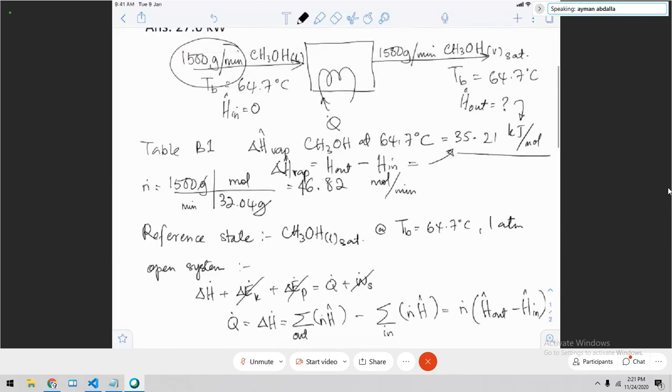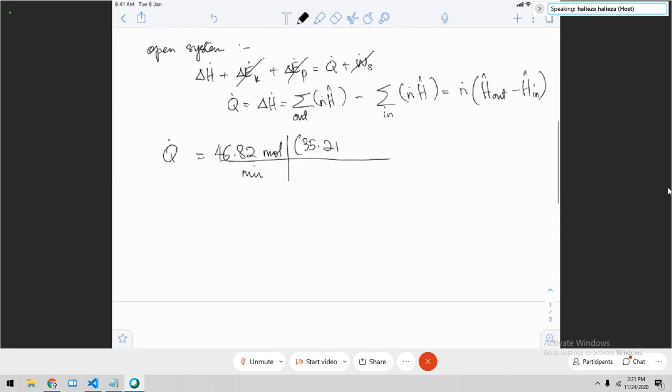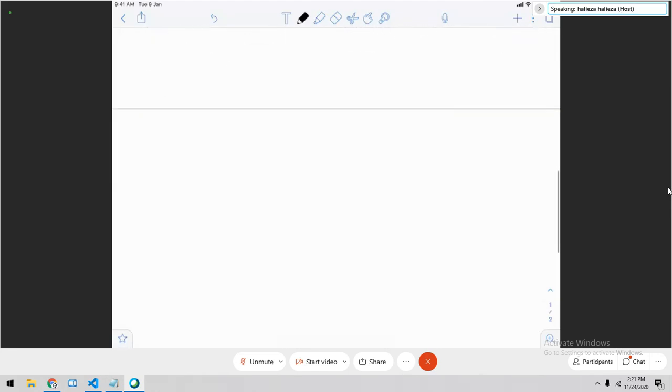So we cancel delta H out minus delta H in because there's no change in temperature, and we'll end up with latent heat because latent heat is only for the outlet stream. Am I right? Hold on, what did you just say? Repeat it again. I mean delta H will equal H out minus H in plus latent heat of vaporization.